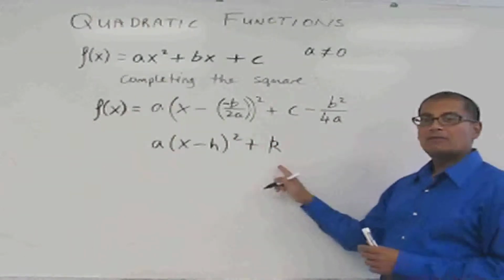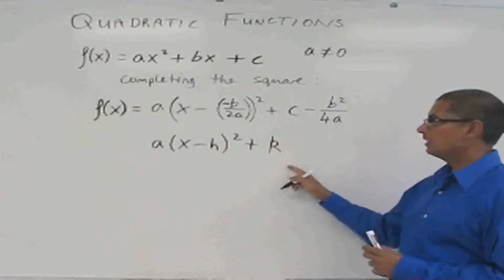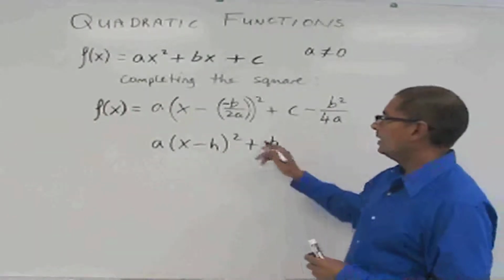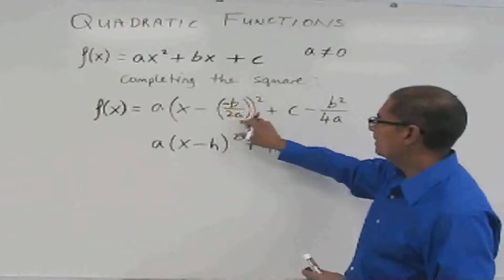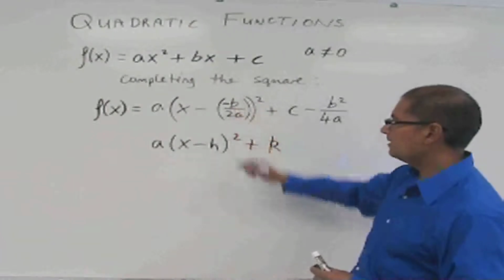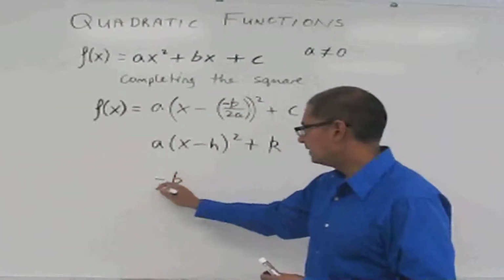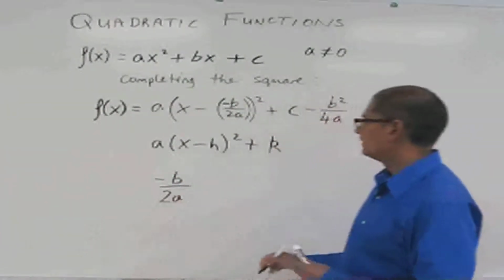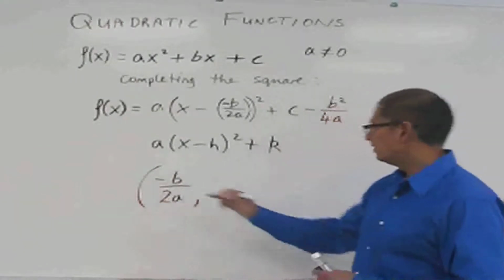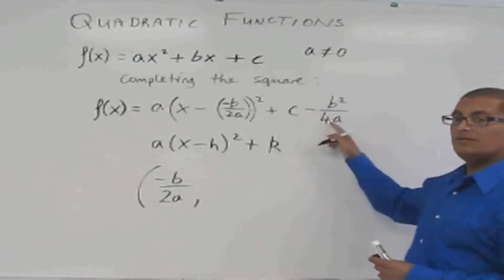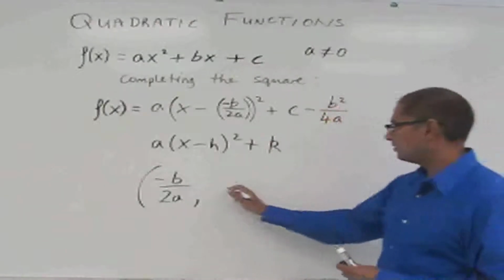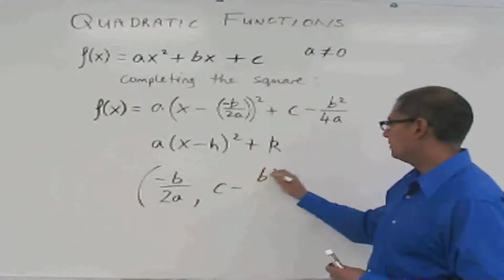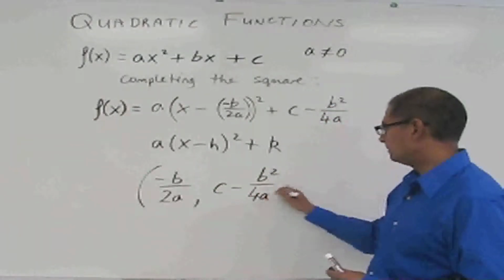Remember, h, k were the vertex. So if we take out this piece here, that's my h. So negative b over 2a is going to be the h. And k is going to be c minus b squared over 4a.